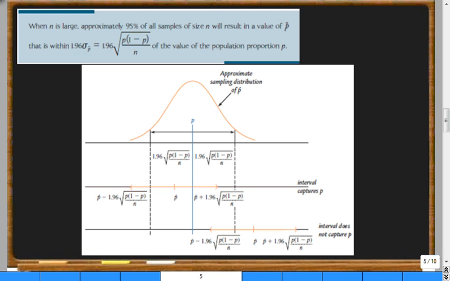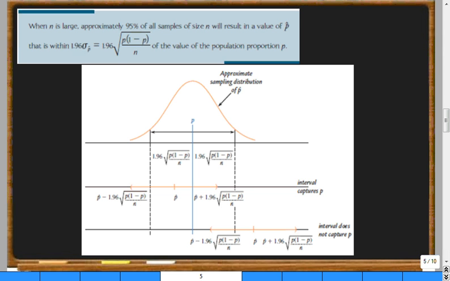Now, if you have an n that's large enough, approximately 95% of all samples of a certain size, so of the sampling distributions that we've studied, will result in a p hat value, or your sample proportion, being within 1.96 standard deviations of your mean.